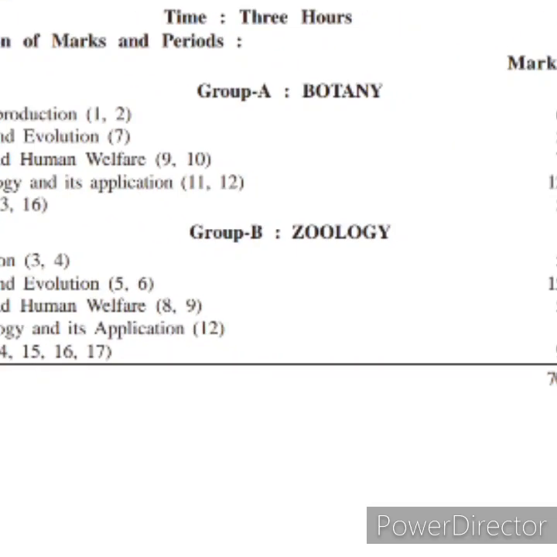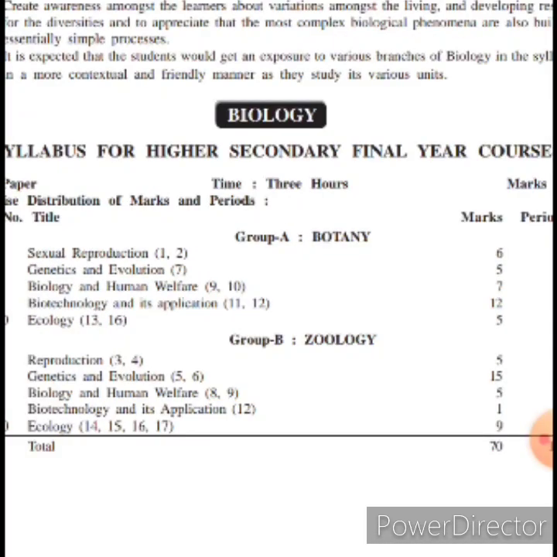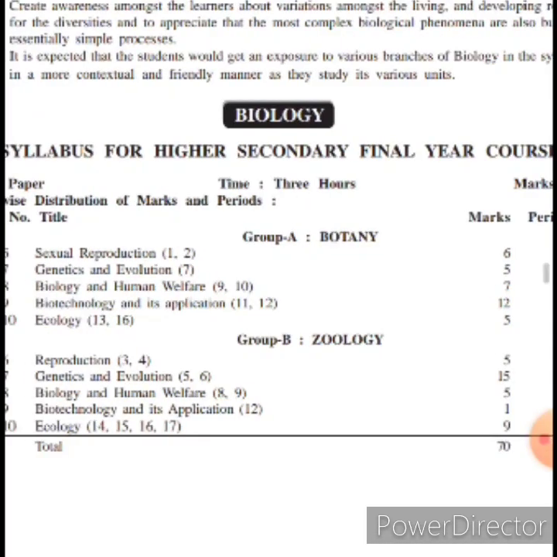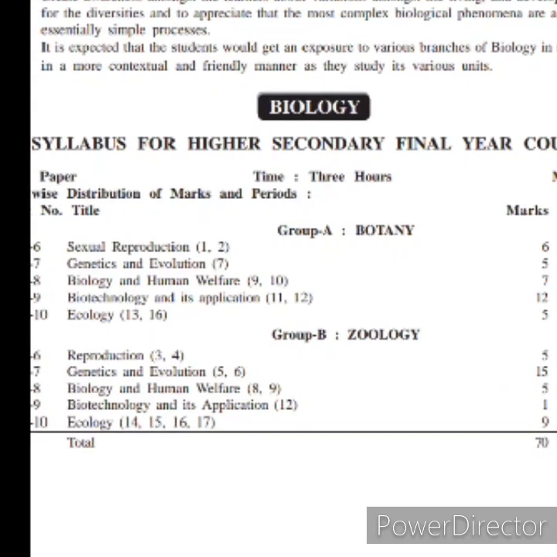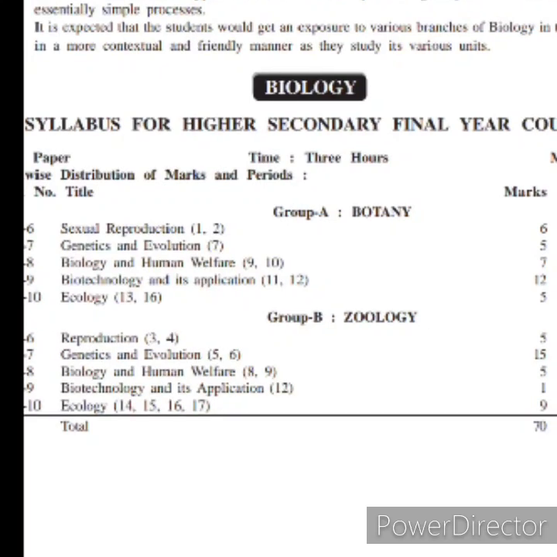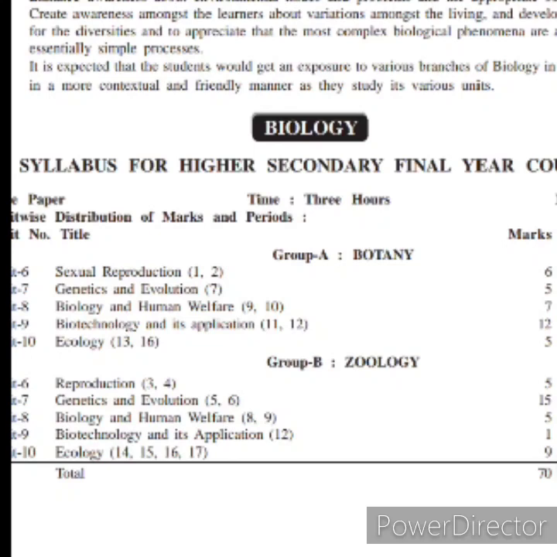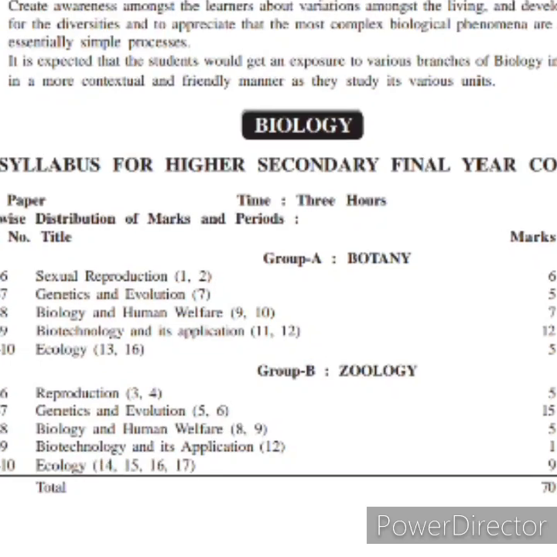The reproduction unit carries a total of 11 marks: 6 marks in botany and 5 marks in zoology. But be careful, you have to complete your whole syllabus because some minute changes always occur in the paper. I am repeatedly discussing this.